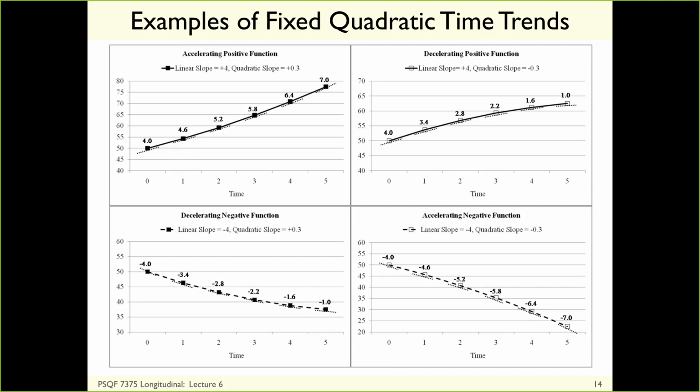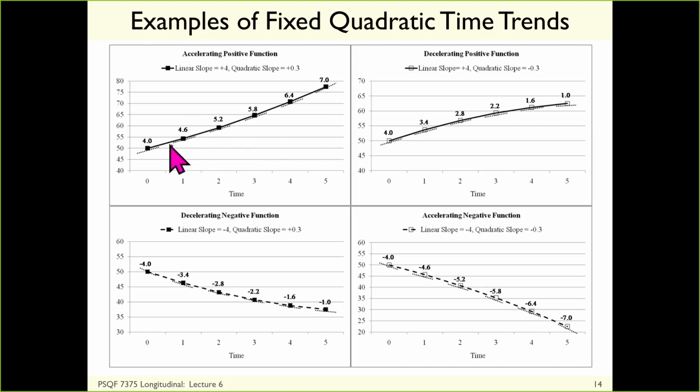The rate of change accelerates in this picture as time goes on. Think like the growth of bacteria on a sponge, or COVID cases after spring break. You know, fun examples like that. Acceleration is the idea here. So this function is showing growth over time, but the rate of growth is increasing. Twice the quadratic is how much it increases per unit time. So that's why it's 0.6 as the slope difference between each of these subsequent occasions. Okay, with me so far?